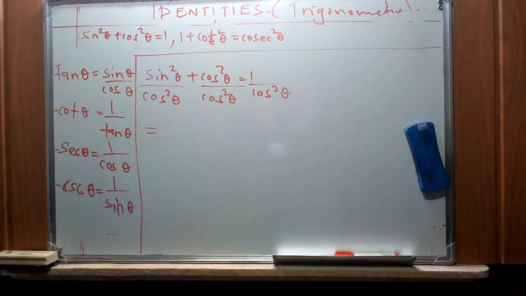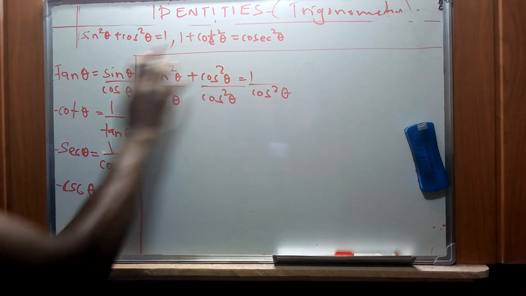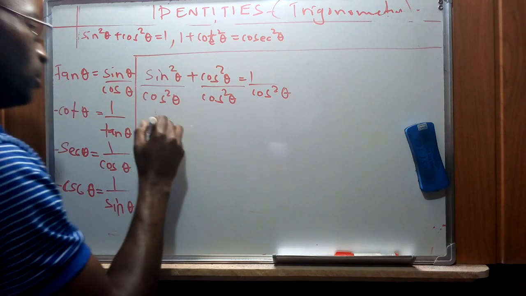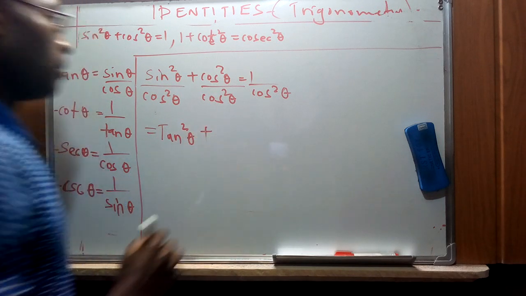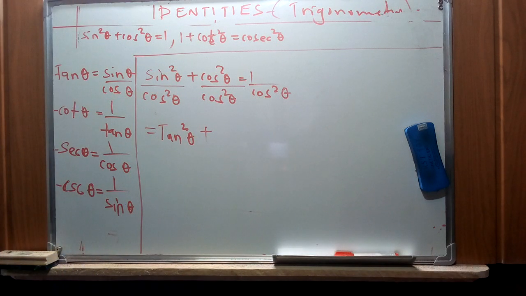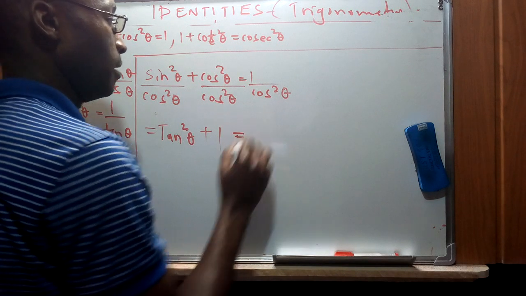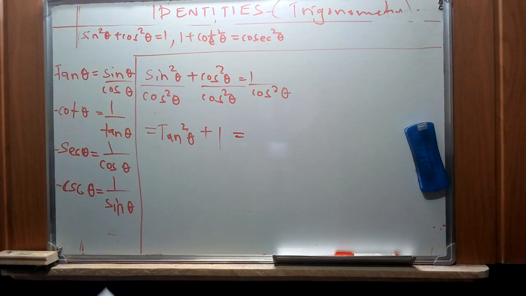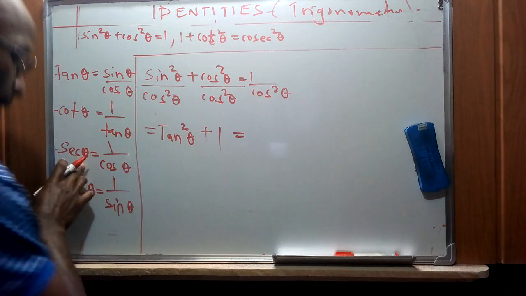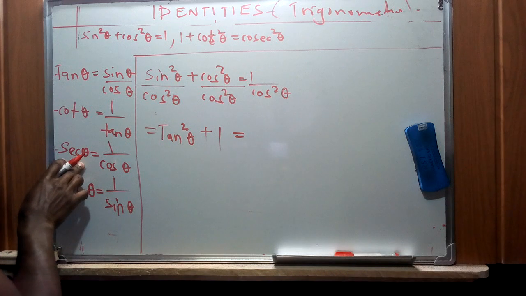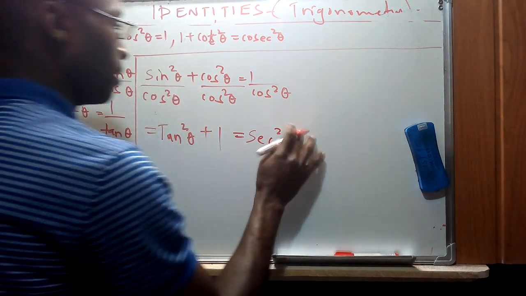This is going to give us sine squared theta over the cosine squared theta, which is tan squared theta, plus the cosine squared theta over the cosine squared theta, which is going to give us 1, and this is going to give us 1 over the cosine squared theta. The inverse of cosine is sec, so therefore we are going to have sec squared theta.